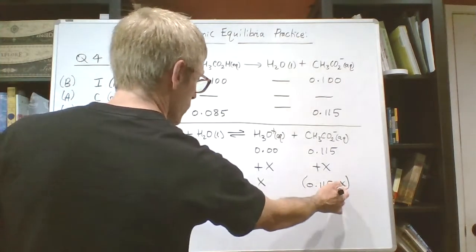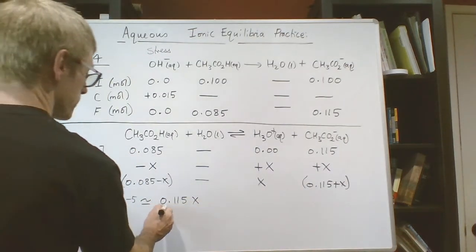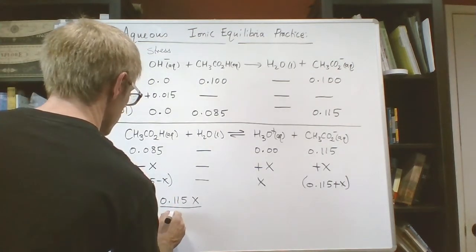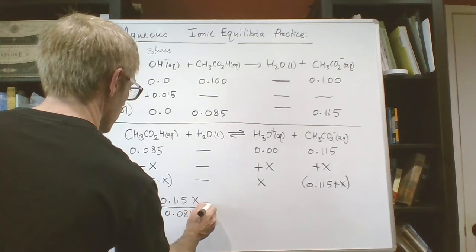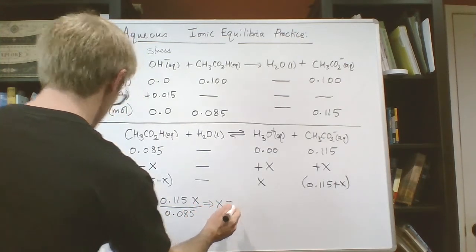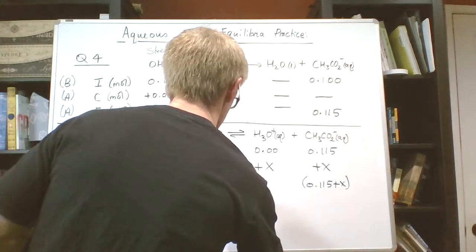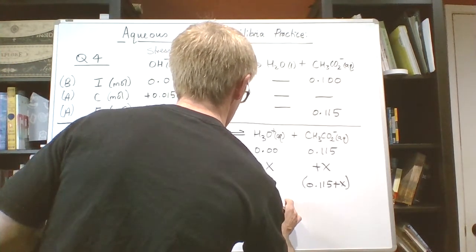I'm going to ignore the shift x, so just multiply it by this x. Ignore this shift x and just divide it by this value. So x is 1.33 by 10 to the negative 5 molarity.